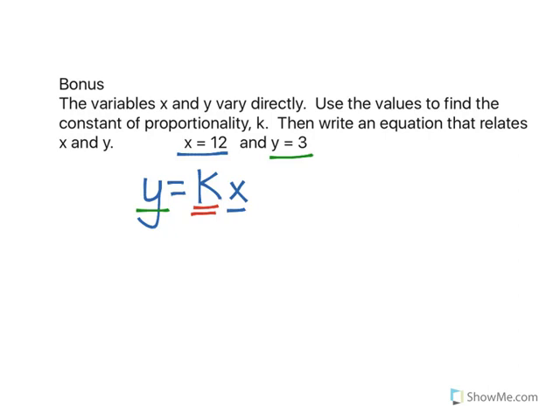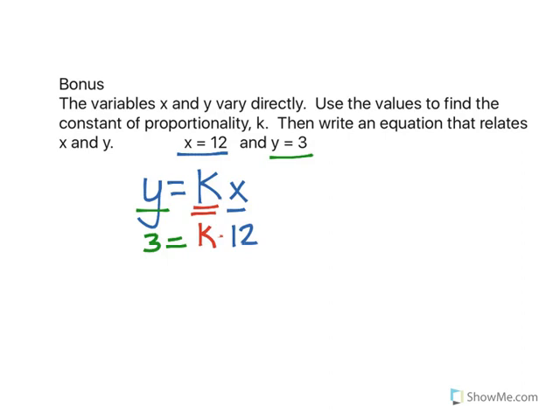We know what y is. y equals 3, right? And we know what x is. x equals 12. We do not know what k is, so k just remains k. We're going to multiply here. So if we have k times 12 equals 3, we want to get k by itself.